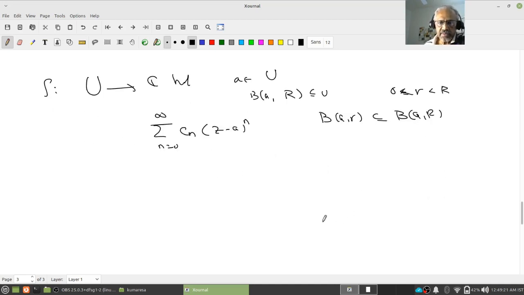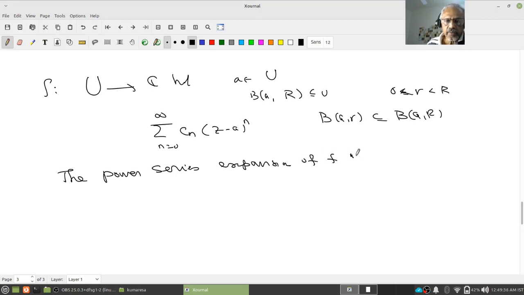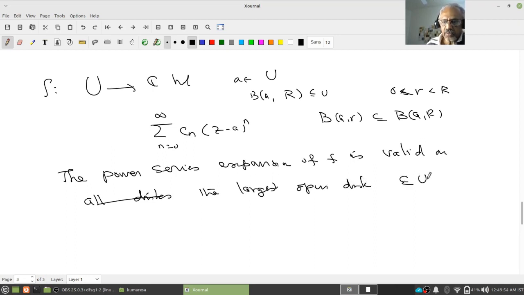You find that? So what I want to claim is the following: the power series expansion of f is valid on all disks, or on the largest open disk contained in U. Do you understand what this means?